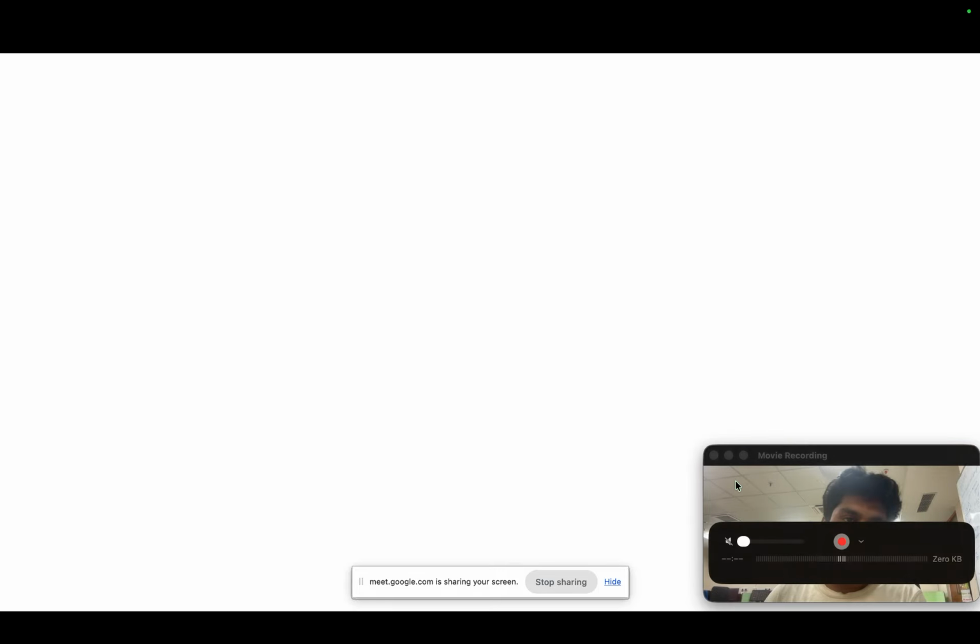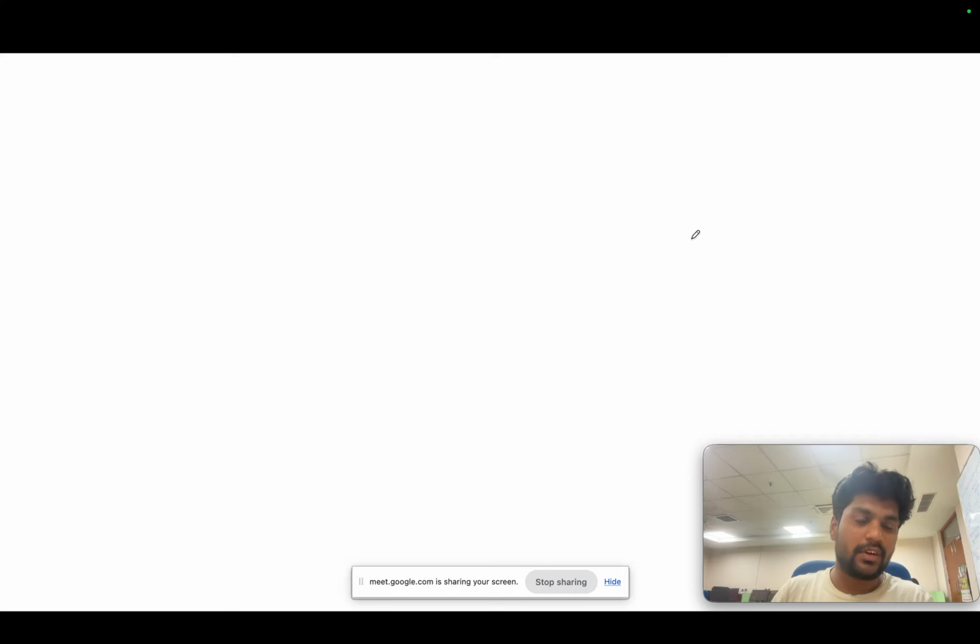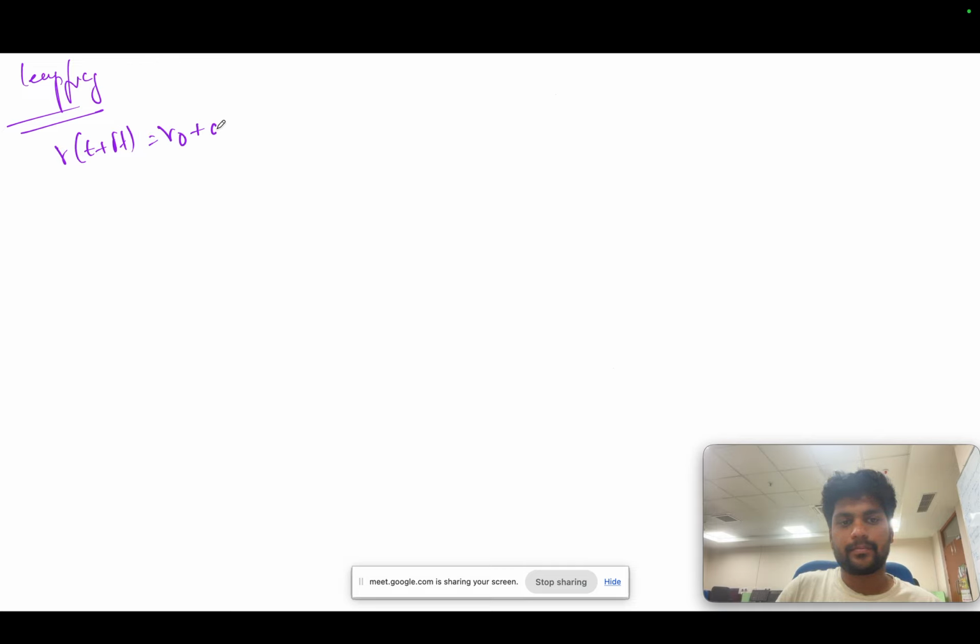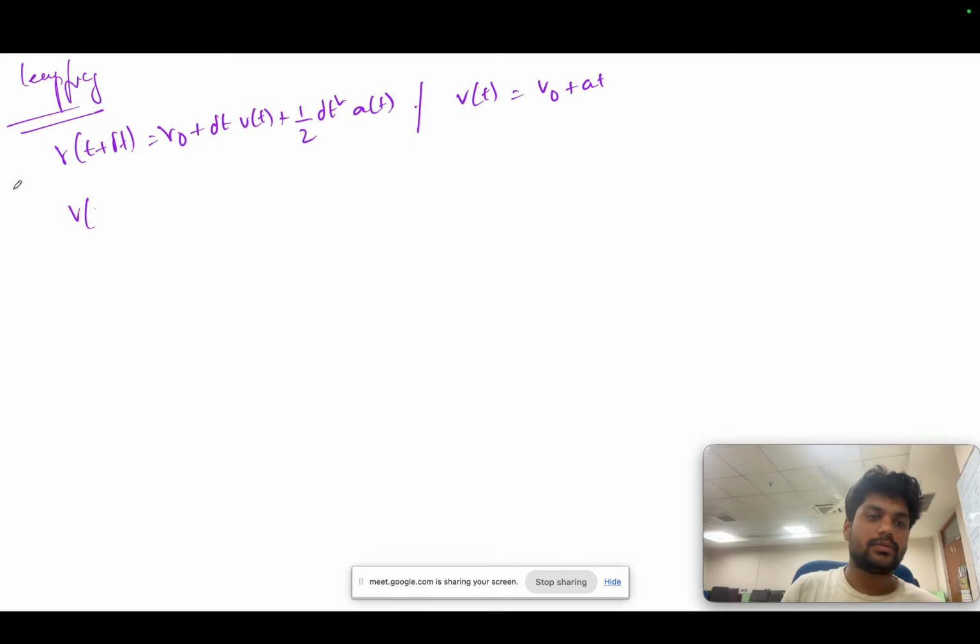Okay, so to further correlate the velocities, what the leapfrog did was he did the calculation with respect to the velocities also. So we know this formula, and we know this formula also. If I write it here, V of t equals V0 plus a t. So it will be V naught plus half dt, right?